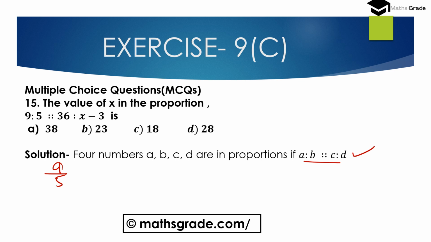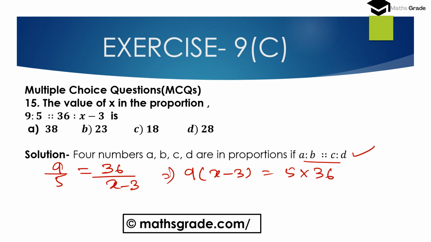Now 9 divided by 5 is equal to 36 divided by x minus 3. Crisscross multiply, we get 9 multiplied by x minus 3 is equal to 5 multiplied by 36.